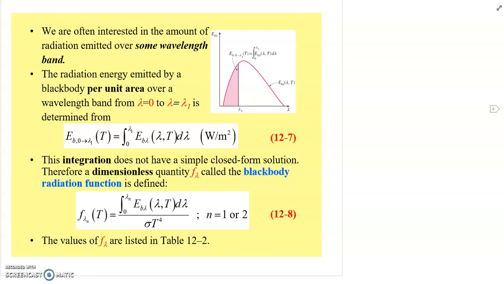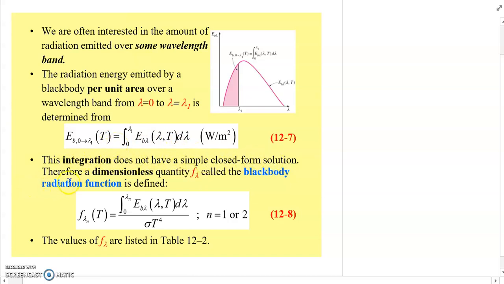We are often interested in the amount of radiation emitted over some wavelength band, the range for some wavelength range. So the equation is given by this, where it needs some integration. But this integration does not have a simple closed form solution.